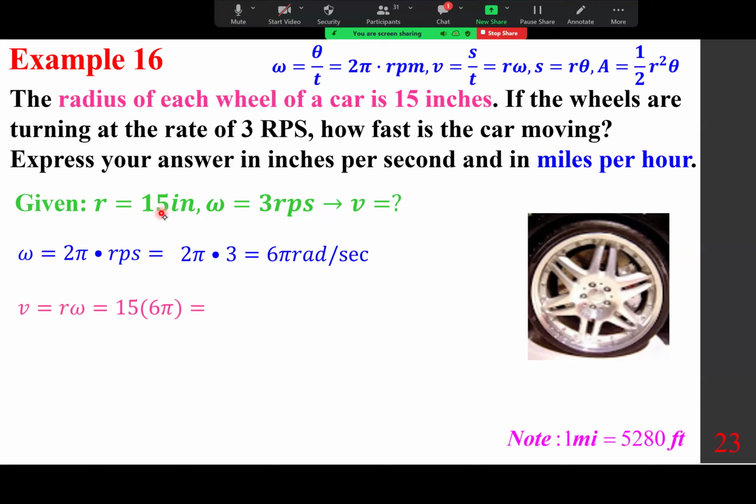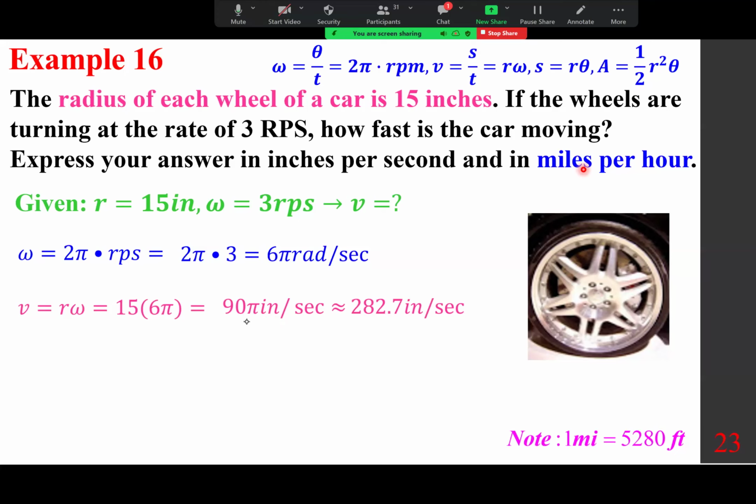So we have to multiply this by R, 15, to get the speed V, linear speed. 90 pi inches per second. And this is an approximation. This is an exact answer. So we have the answer, except we want to make it in this format as far as the unit is concerned.